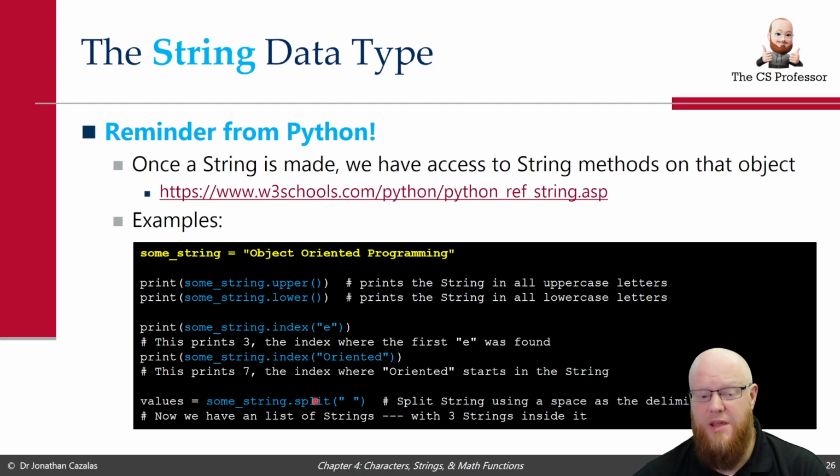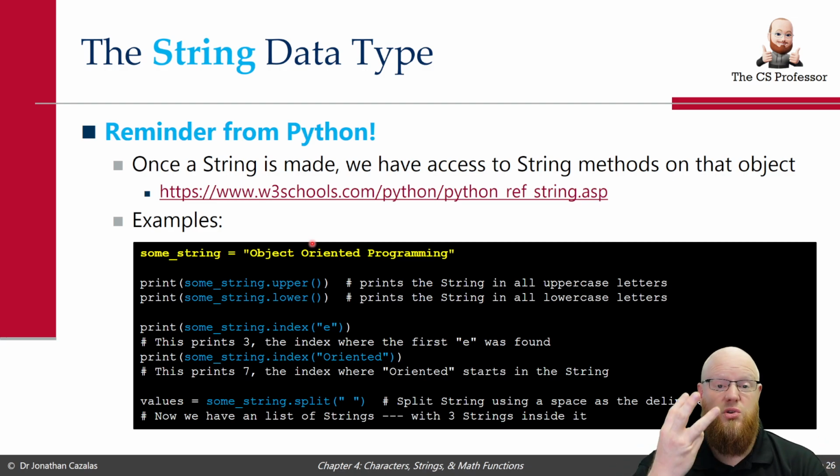Finally, string.split we've seen. What does string.split do in Python? It takes this 3-word string, and because we're splitting with a space as the delimiter, that's the thing we want to split by. So we're splitting based off of spaces. So this string comprised of 3 words is going to be split into 3 strings.